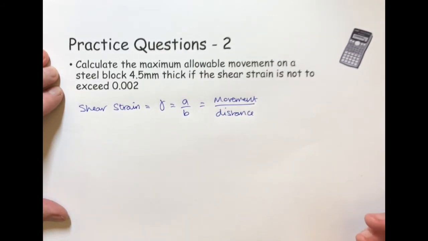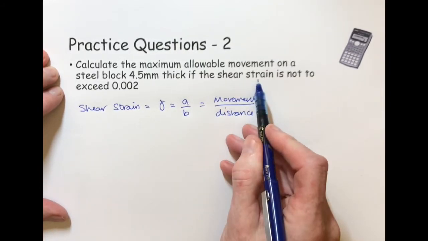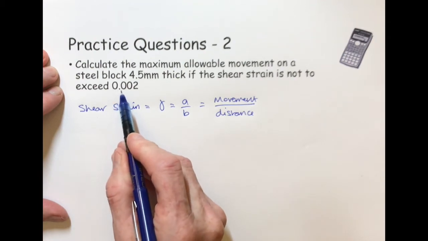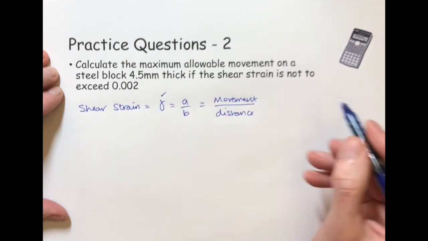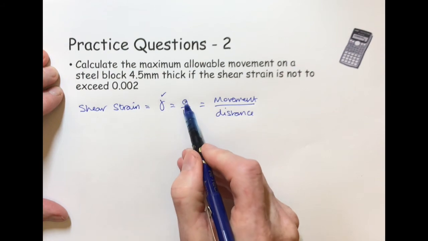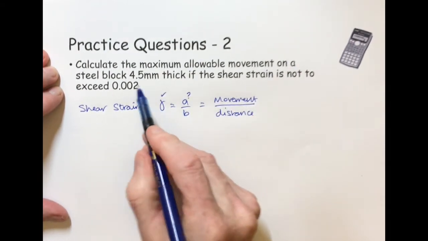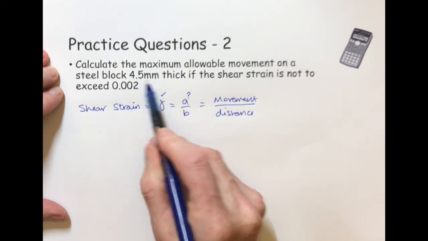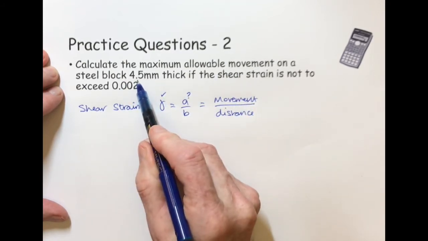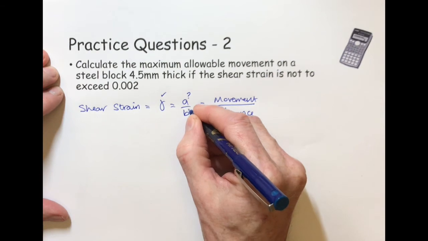Okay, so what do we know in this? We're told the shear strain is not to exceed 0.002, so we know that. The movement is the thing we've been asked to calculate, so I'll put a little question mark over that. And the thickness, or the distance, is 4.5 millimeters, so we know that as well.